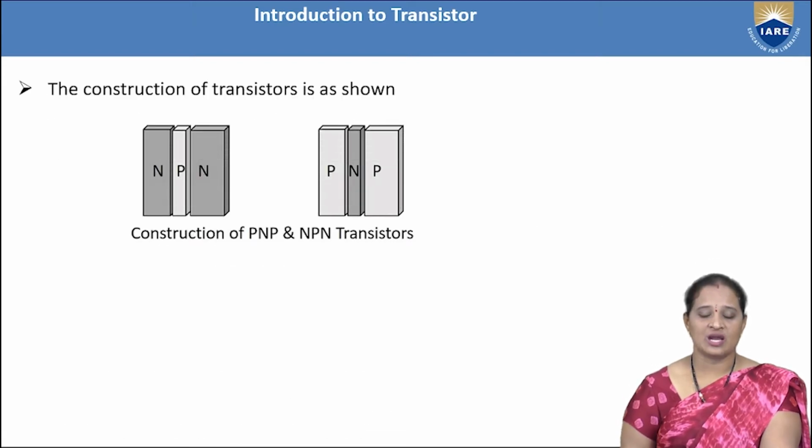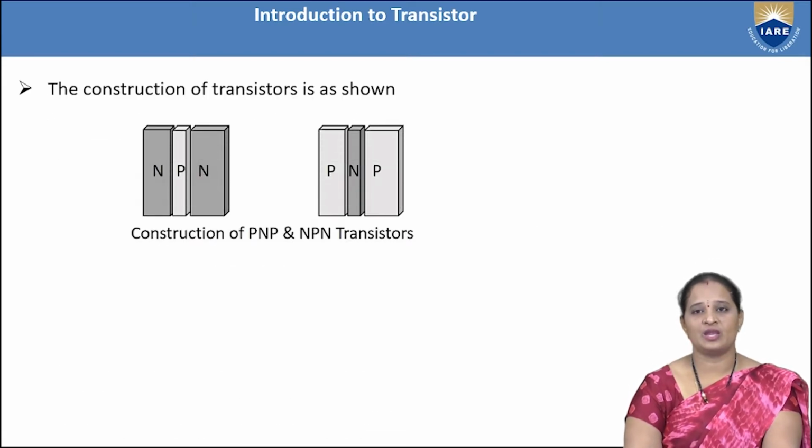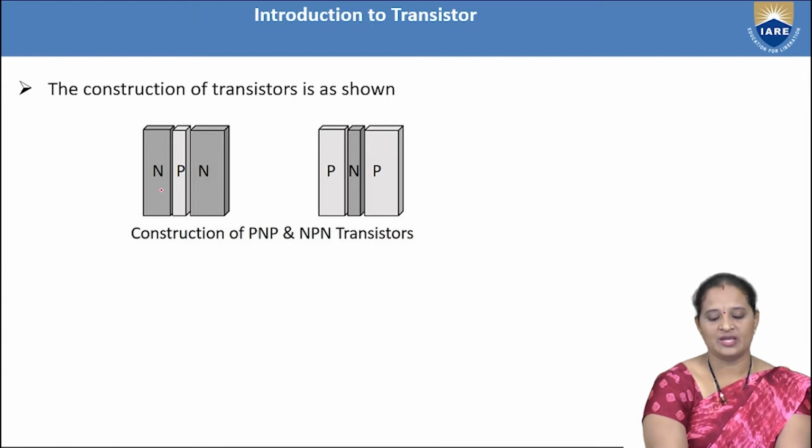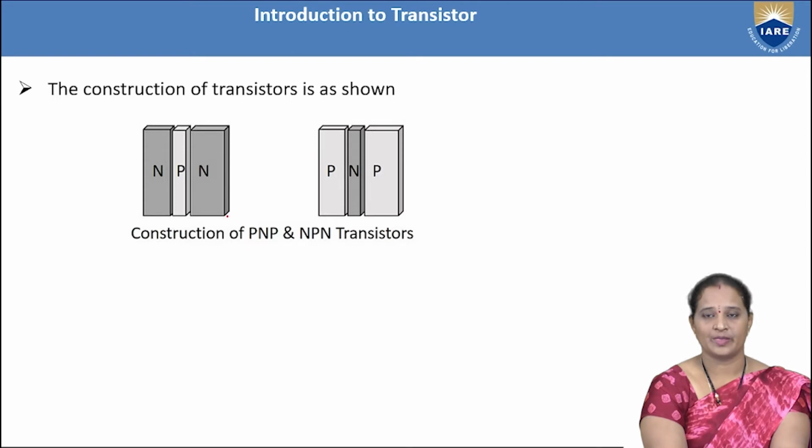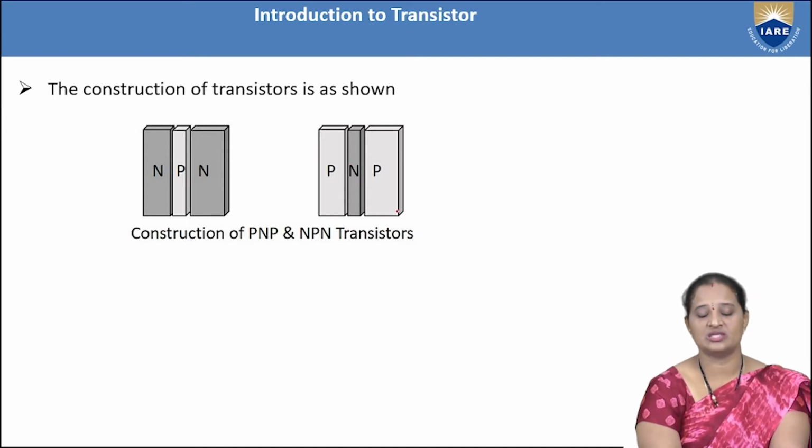So here this is the construction of NPN and PNP transistor. These two are the two N-type semiconducting bars, in between we are placing a P-type material, so an NPN transistor is formed.